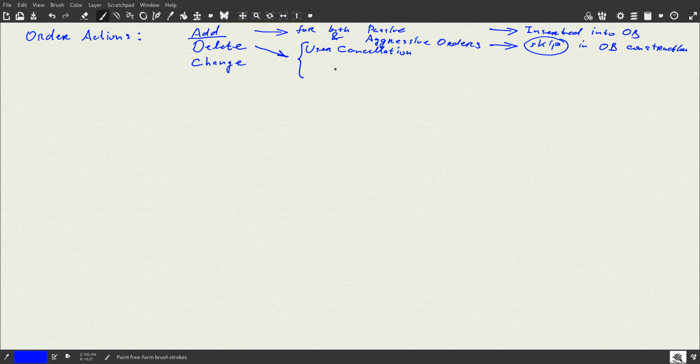If you added an aggressive order, it first results in matches and then there is nothing to cancel anymore. But if it is a passive order, it is placed in the order book, stays there at least for a short while, and if delete arrives before this order is filled, then you can cancel it. Obviously, this is for passive orders only. Okay.